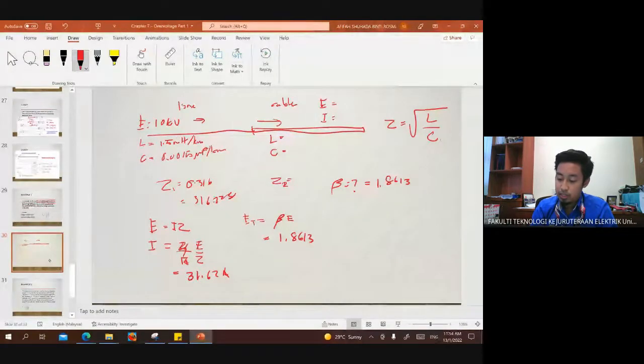So kali dengan nilai 10 kV. Betul? Betul ke ni? Cuba kira balik.